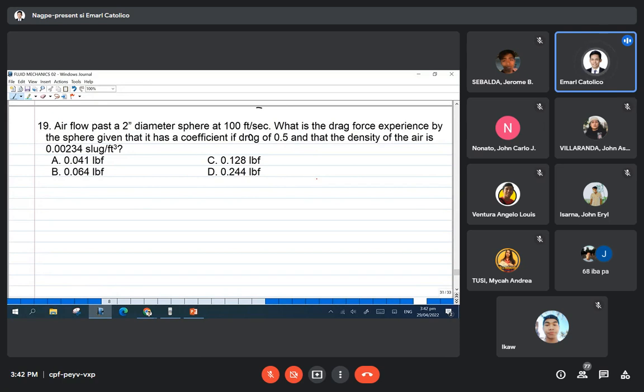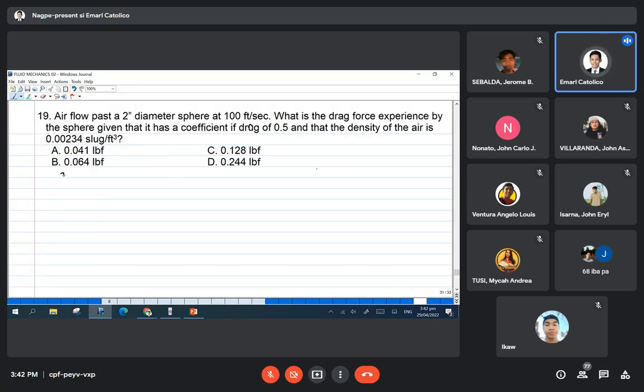Okay. Kunin muna natin yung given. Okay. So, meron tayong sphere, diameter of 2 inch. Meron tayong mean velocity of 100 feet per second.